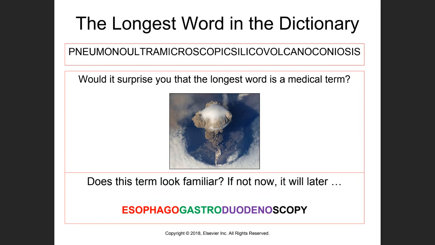Okay, so the first section that we're going to separate is pneumon, and then o is my combining vowel. And then I'm going to separate ultra as my next section.